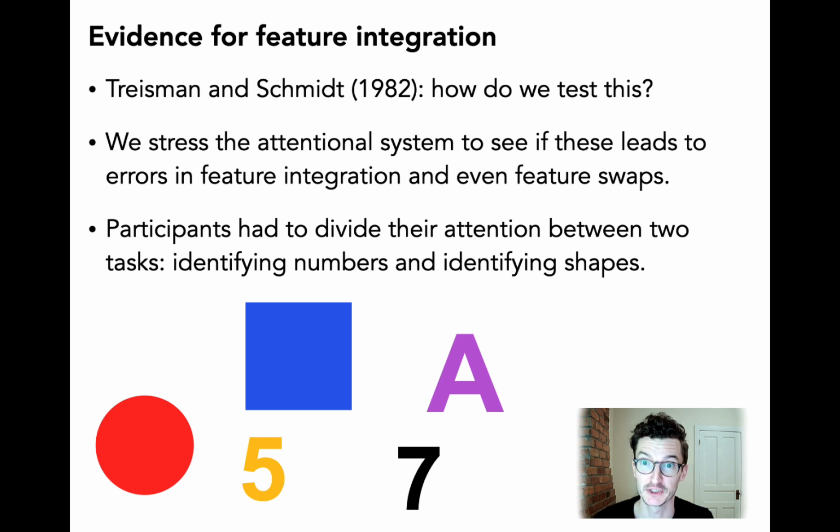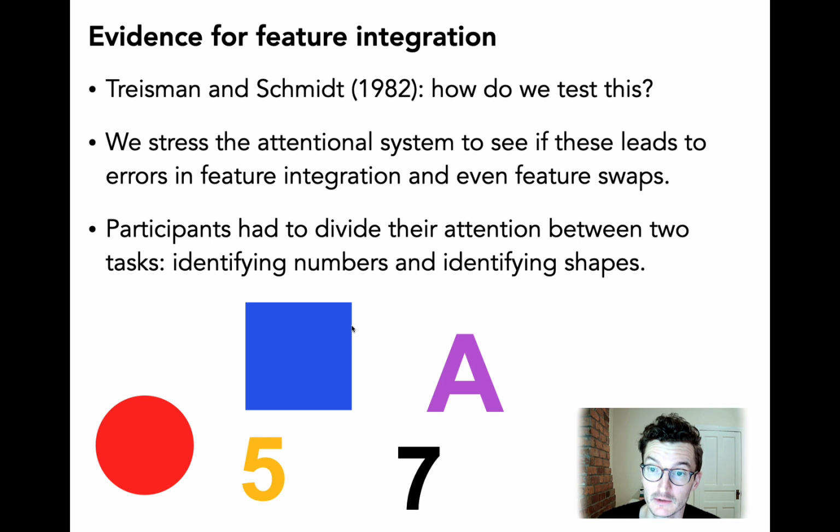So to test feature integration theory, they thought, well, if the binding problem is solved via attention, what we can do is we can stress the brain's attentional systems and see if this leads to mistakes. See if this leads to feature swaps, right? So you look at these objects, and because your attentional system is stressed, you don't bind their features together correctly.